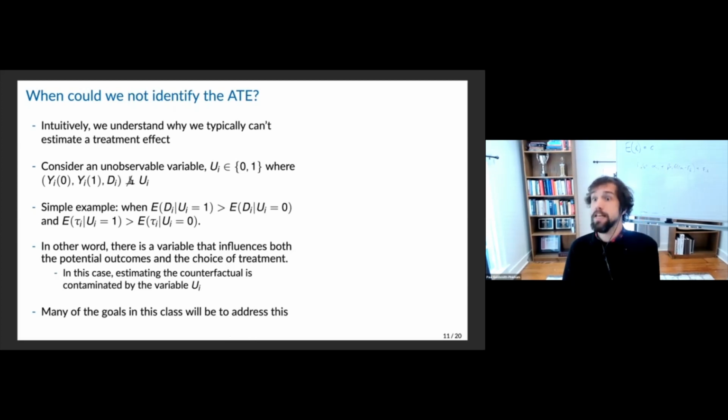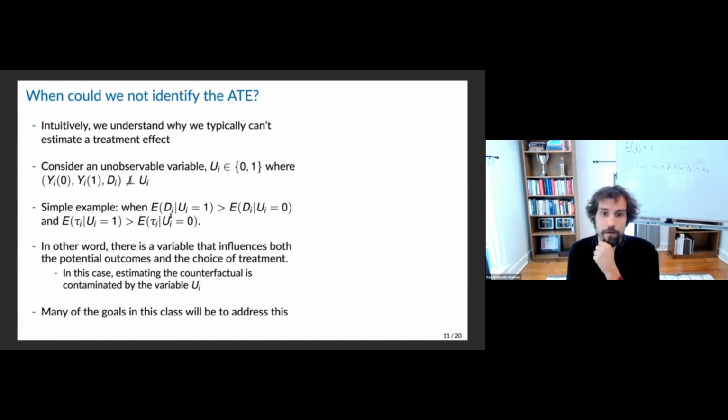So why would we need this condition? Intuitively, I think almost everyone here understands why you can't always estimate a treatment effect. Imagine there's some unobservable variable, UI, which is binary, for example, where they're not independent from one another. This is related to my example just now, where I say I don't give the treatment to Natalia because I think she's going to have a bad outcome.